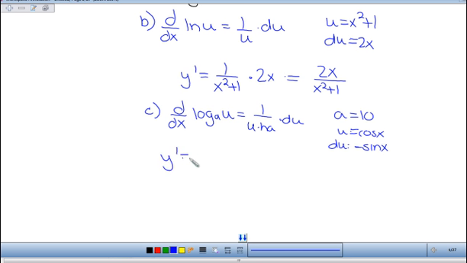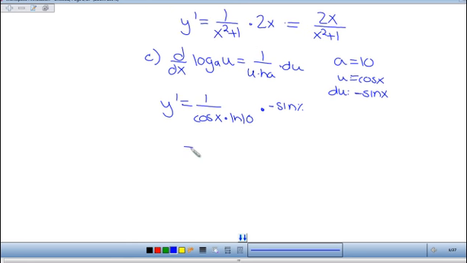So my derivative would be 1 over cosine x times ln of 10 times negative sine of x, or negative sine of x over cosine of x times ln of 10.